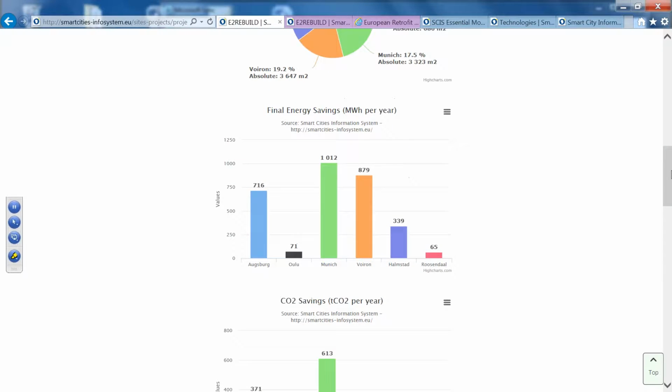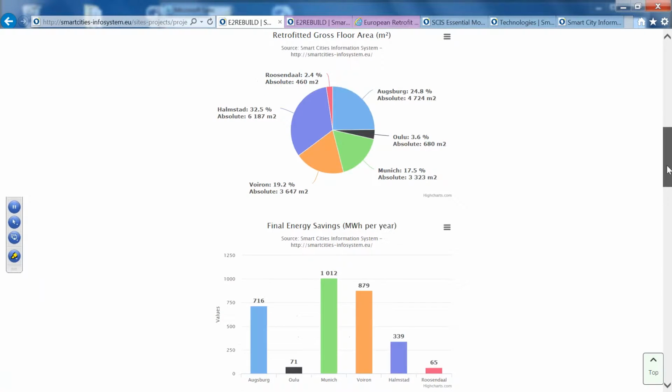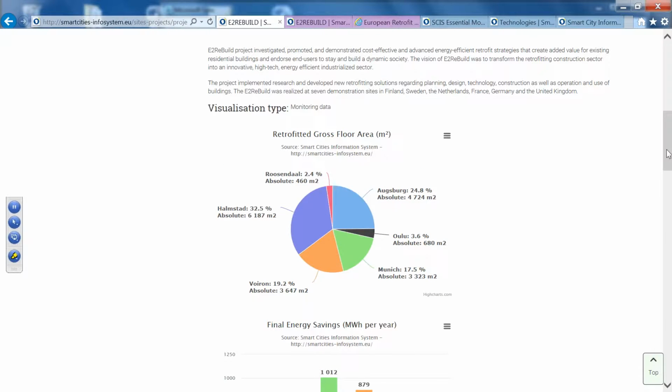So you can compare the final energy savings that a demo site or a project achieved, and compare between projects. This is what we call horizontal. We try to calculate these KPIs to give a general picture, a big picture of what the different projects have achieved. About this big picture, I will give more details afterwards.